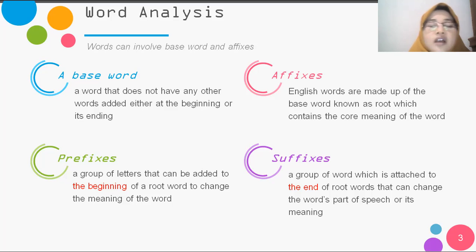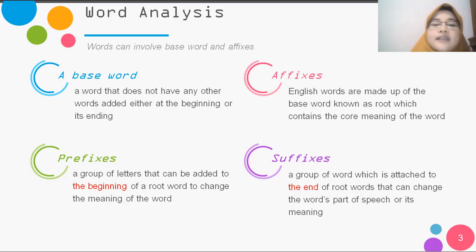Affixes consist of prefixes and suffixes. It can be a prefix or a suffix. A prefix is a group of letters that can be added to the beginning of a root word to change the meaning of the word. So the addition is put at the beginning of the word.